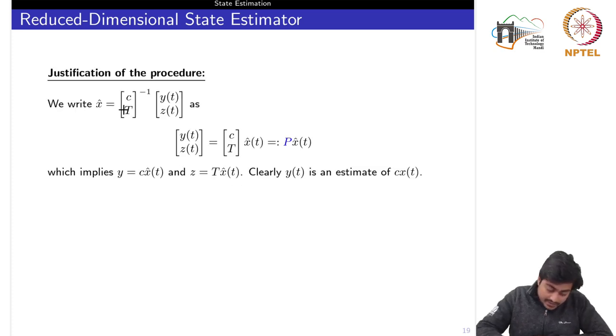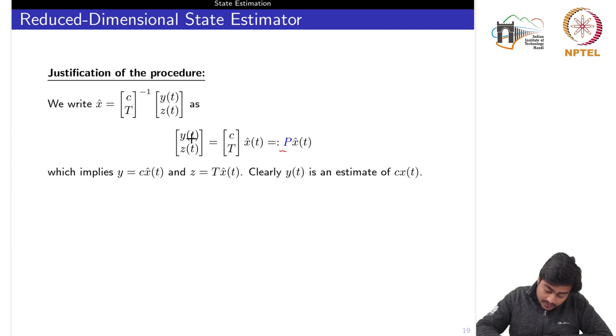So we write the output equation as y(t), z(t) equal to, suppose it is possible to take the inverse of this matrix, P times x hat, where P is the matrix of which I need to show the invertibility, on which we will come later.